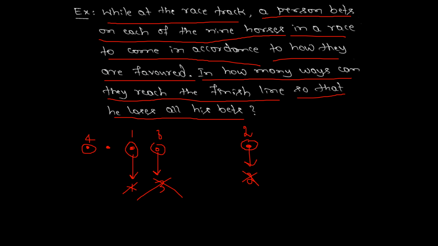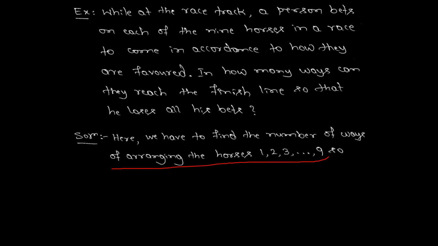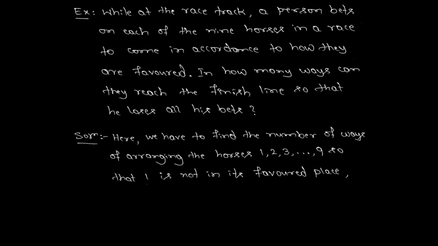Now let us solve the problem using the formula. Here we have to find the number of ways of arranging the horses 1 to 9 so that 1 is not in its favored place.